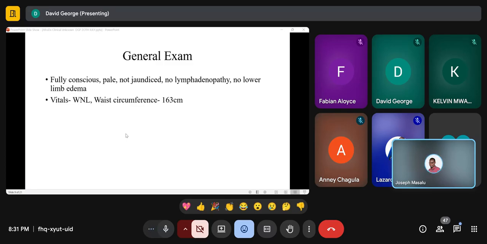So you see bone pain, anemia, which is this pale thing, and then someone starts thinking of the CRAB mnemonic of multiple myeloma: calcium, renal, anemia, and then bone.